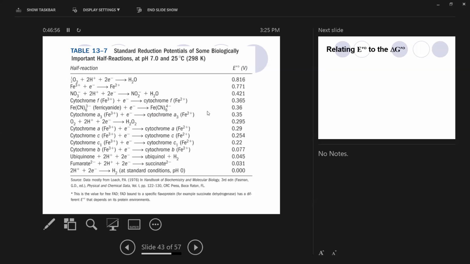And this comes from the Loesch book, Handbook of Biochemistry and Molecular Biology. That book from CRC Press was kind of the Bible. I think this goes on for close to 20 pages in that book of redox potentials.